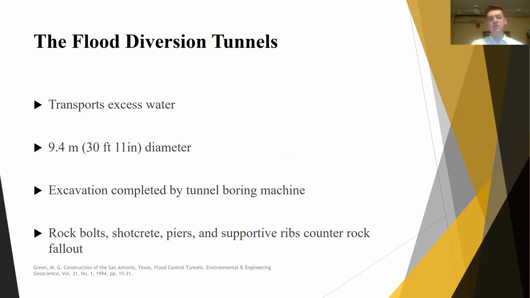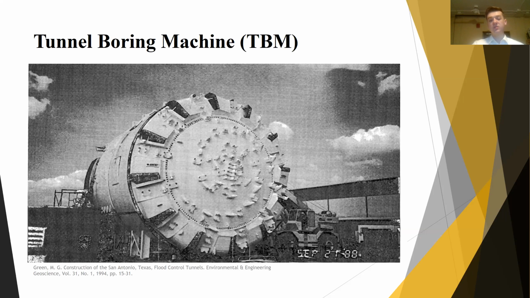So to combat this, they installed 60 40-foot or 12.2 meter rock bolts along the tunnels to hold the loosened rock together, acting like hooks or anchors. Also, along the arch on the inside, they applied shotcrete and supportive ribs, and on the outside, triangular piers. This is a picture of the tunnel boring machine, really, really big.